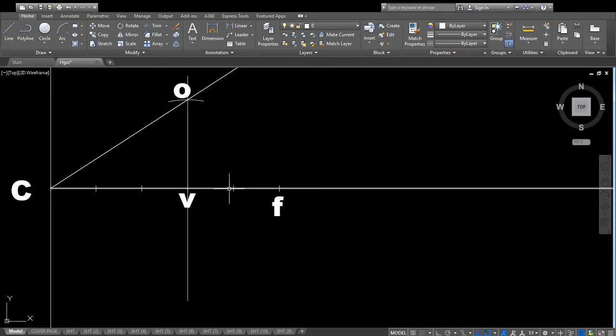take any of this distance, either V to this point or from this point to V, and step it continuously as many times as possible, 12, 13, 14 or 15. So we'll do that now.